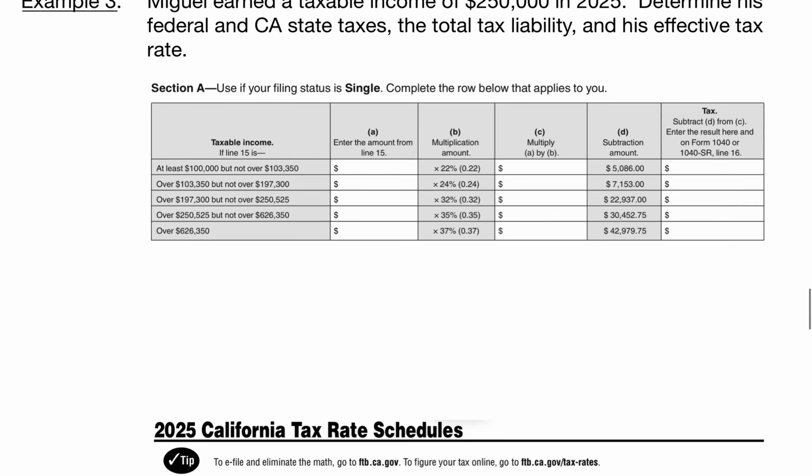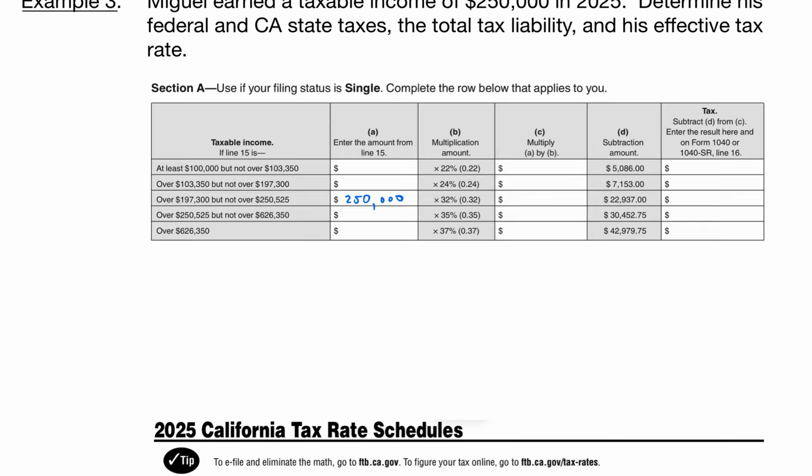So here we have a table to determine federal taxes. We're going to take a look at where this 250 lands in this bucket, and it lands right in here. It's just below the 250,525 threshold. So we're going to go ahead and put in 250,000.